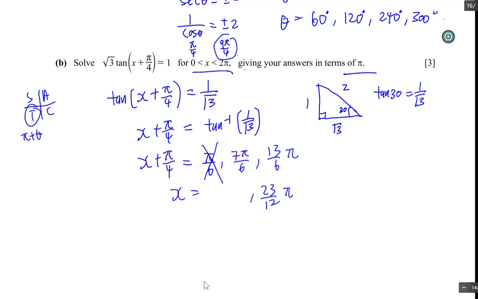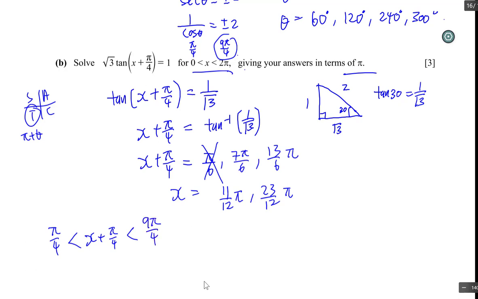And then this one will be 7 pi over 6 minus pi over 4. So this one is 11 over 12 pi. And okay, why will I cancel out the first angle here? Because we want the new range, which is the x plus pi over 4 here. So I need to plus pi over 4 for both sides. 0 plus pi over 4 is pi over 4. Then this is 9 pi over 4.